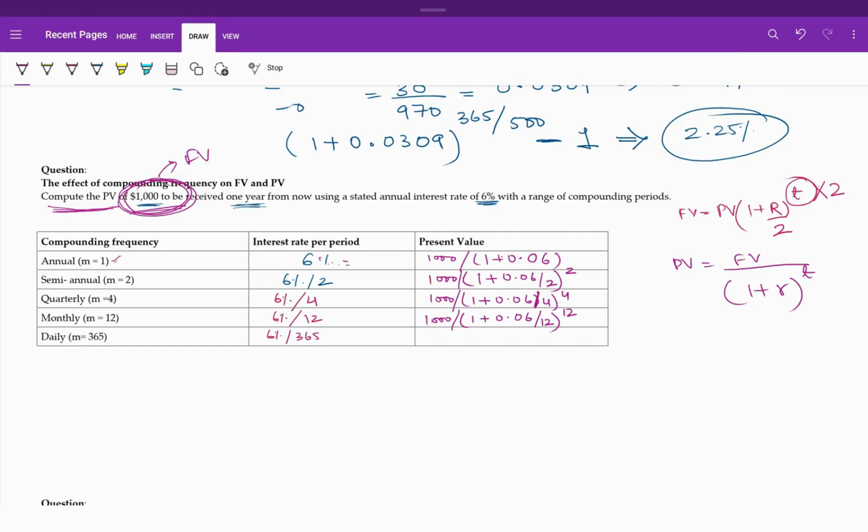And similarly for daily compounding, $1,000 divided by 1 plus 0.06 divided by 365 raised to the power 365.